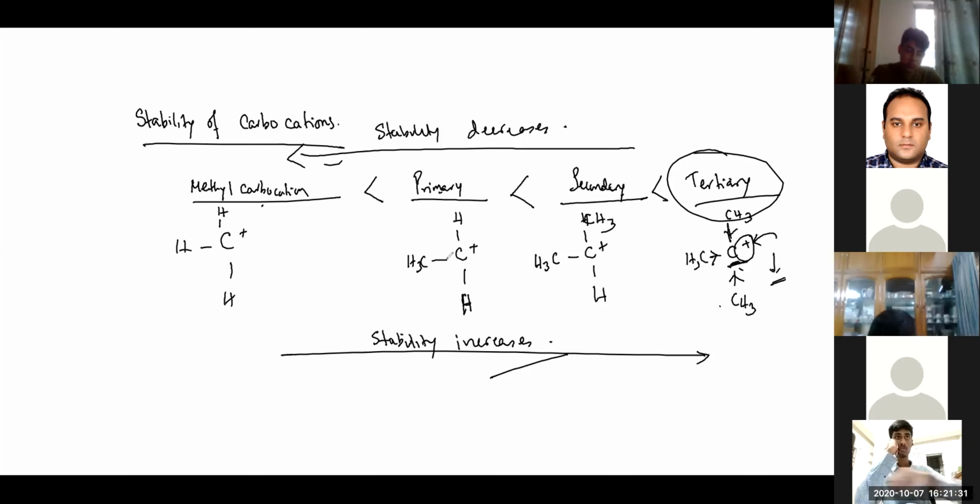So এই যে আমাদের electron donating groups, methyl groups are donating electrons to this carbon. So এই যে electron donating group, this is known as a something effect.